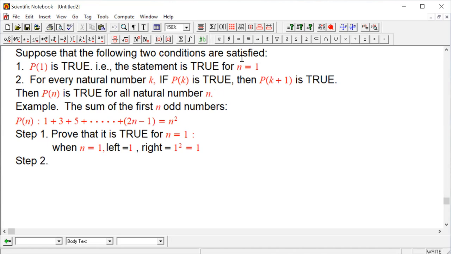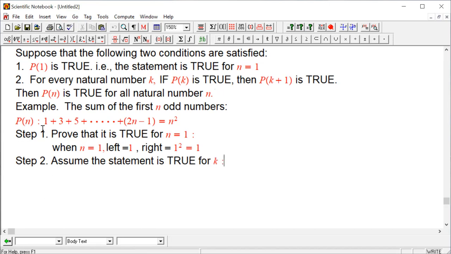Step 2, we're going to assume it is true for k, where k is arbitrarily any natural number. So we're going to make an assumption. We assume the statement is true for k.